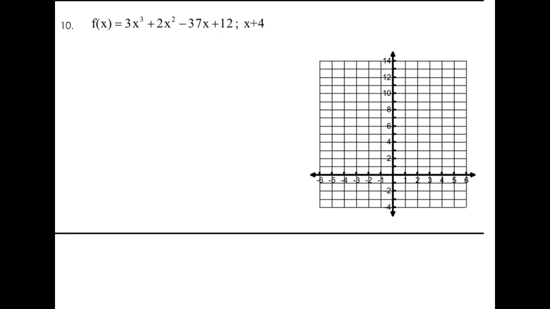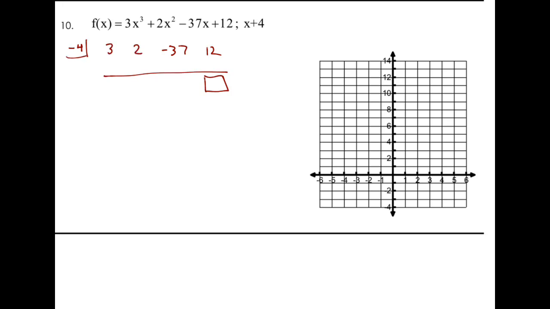Last one. So set this equal to 0 and solve it. That becomes a -4. Does this count down? 3, 2, 1. It does. So 3, 2, -37. Now a 12.